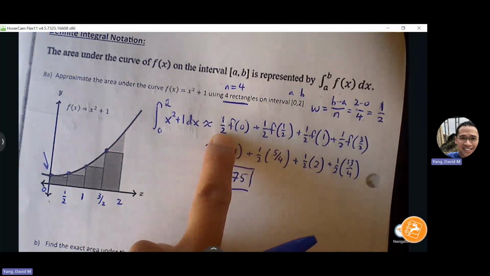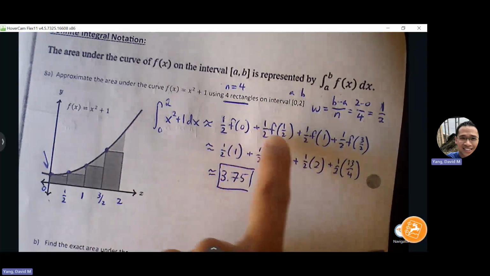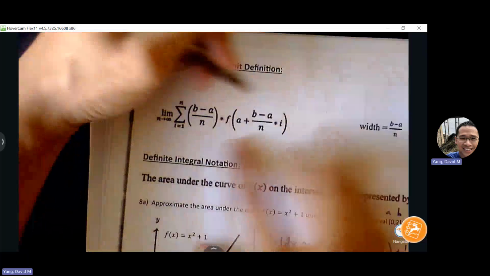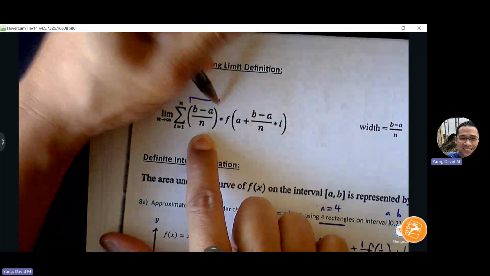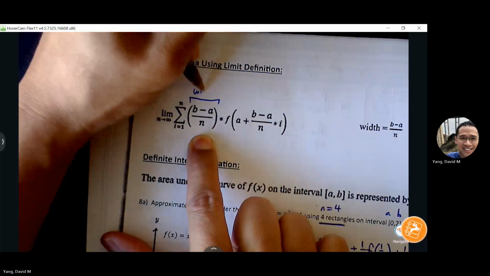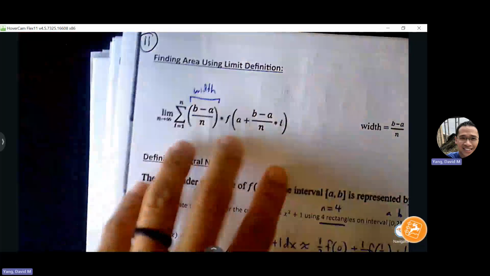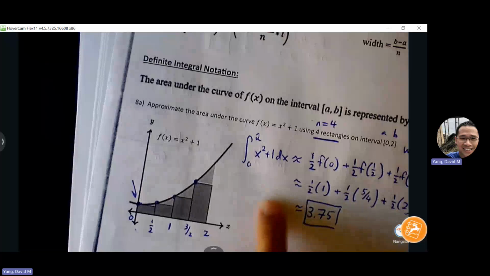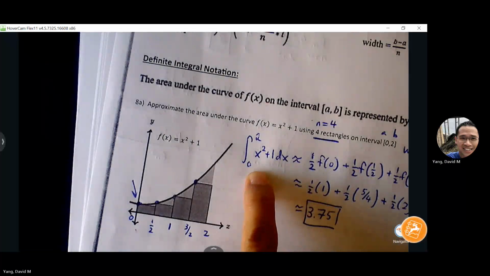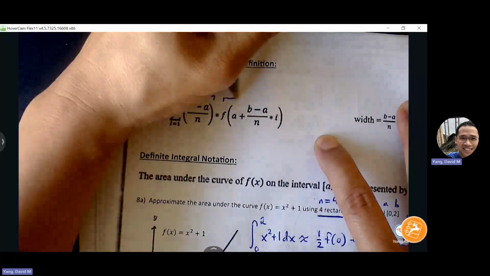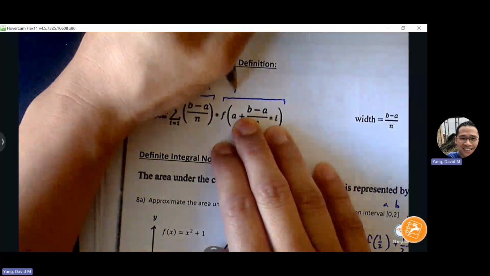You got the 1/2, which is the width component, the f of 0, f of 1/2. Those are all your height components. So we see that showing up here. You got the width component here. Is that whole thing equal to the integral? That's right. This whole thing is equal to this integral here, because we're actually going to achieve the actual area. Now this is function notation that represent the heights.